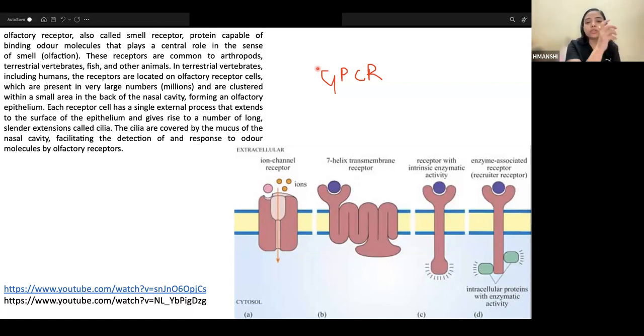Those odorant molecules were binding to a receptor, and then the neuronal signal was going to the olfactory sensing part of our brain, and then the whole information was relayed. So that receptor belongs to a class of GPCRs, which has a structure of 7 transmembrane helices. Okay, I hope that this much is clear with you guys.